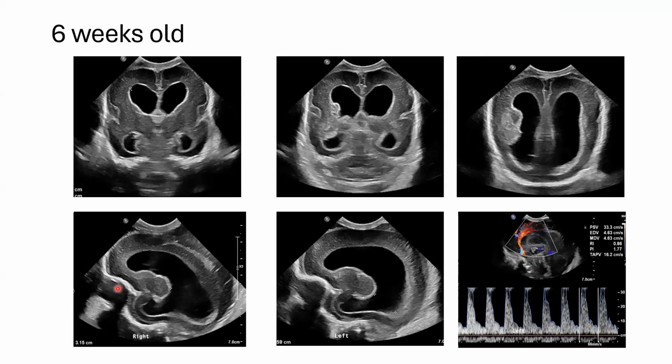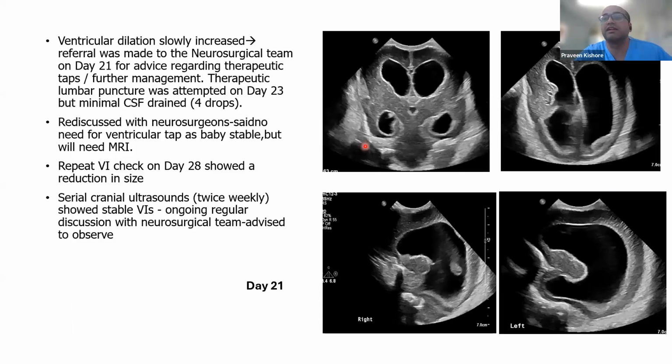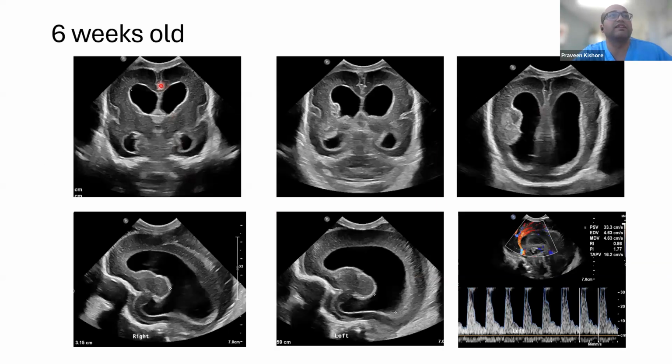Resistive indexes are better. I think diastolic flow has started and the dilatation has stayed almost the same, it might even be a bit less, isn't it? I'll go to the previous slide. Here the dilatation almost seems like it's occupying the whole of the brain with very little white matter left, versus a couple of weeks later.